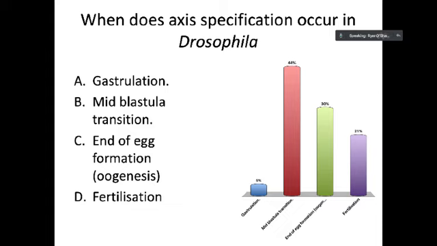So typically, axis specification occurs in Drosophila from the end of egg formation, that's oogenesis, and it gets strengthened through mid-blastular transition and established finally at that gastrulation stage.